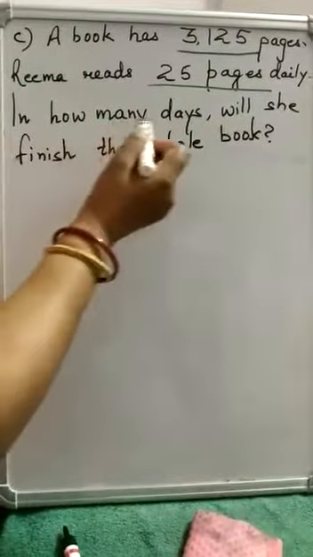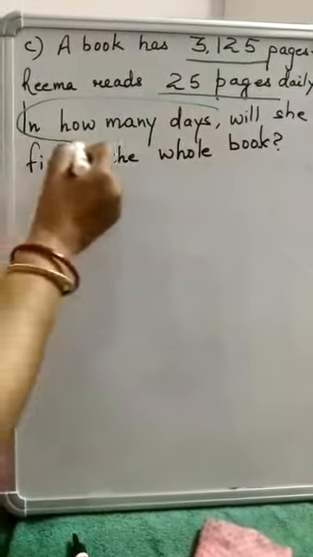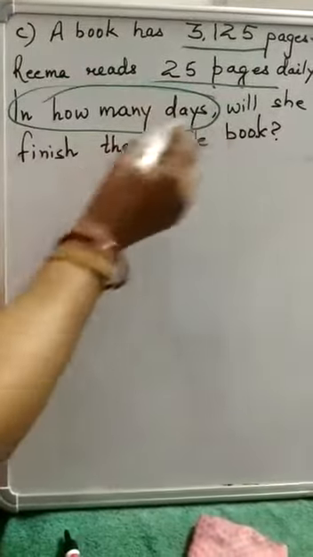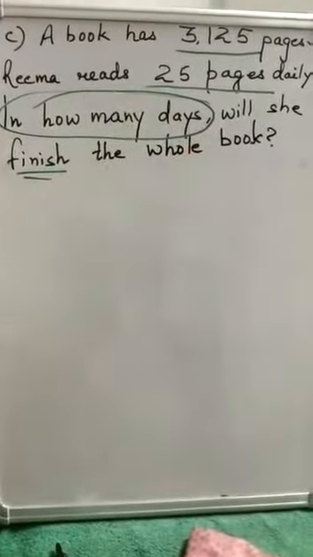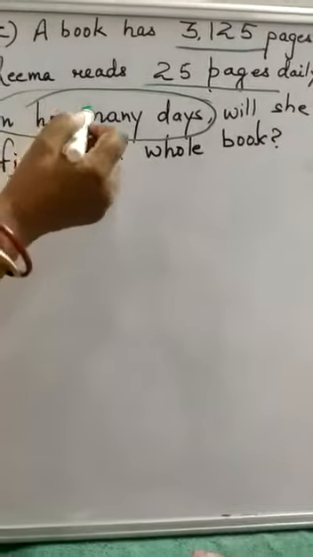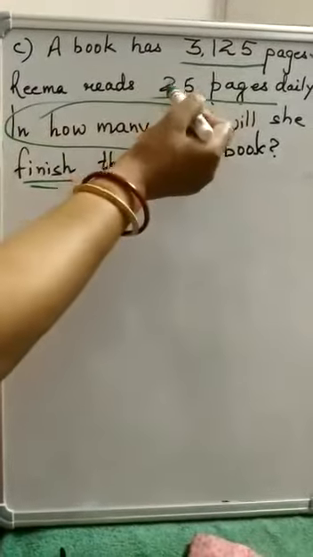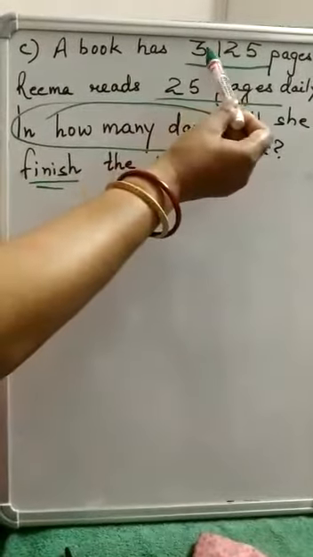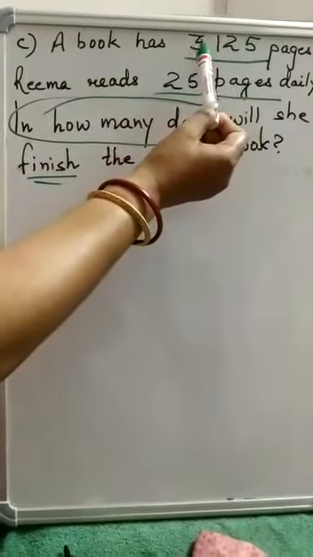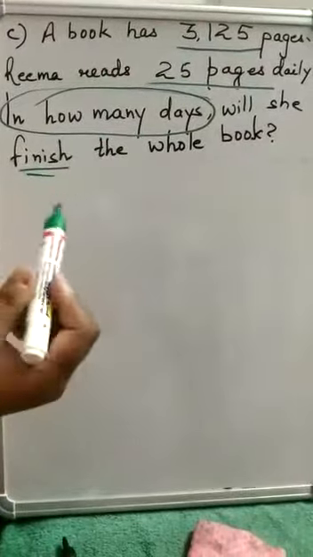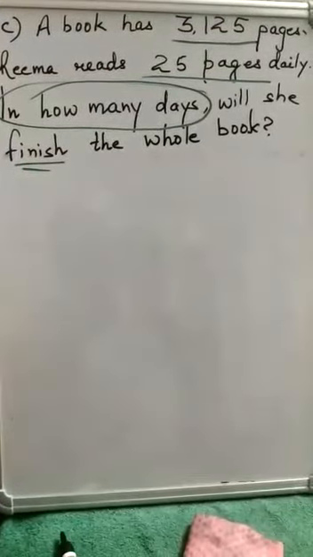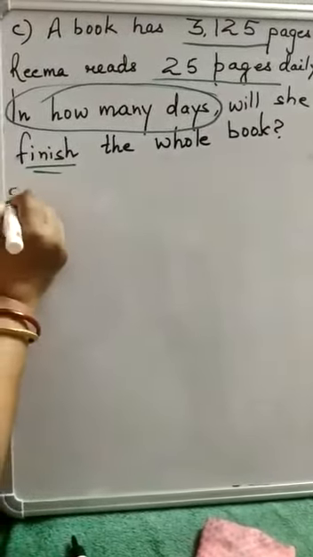So in how many days will she finish the whole book? So we have to find out the total number of days. Daily she reads 25 pages and the total number of pages is 3125, right?